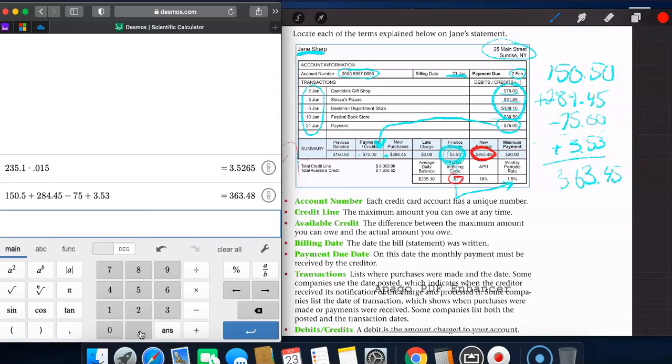If we wanted to look at what our actual balance was each day for the month, we could multiply 235.10 times 30 and say that's our total month, if we were to multiply all of our transactions by how long they were.